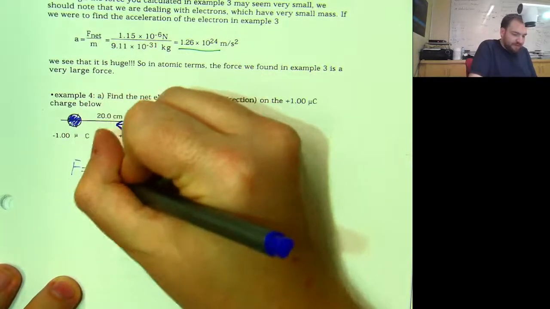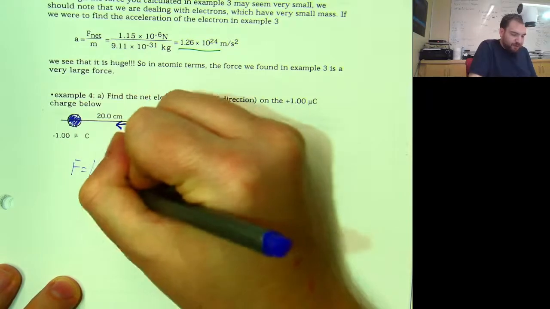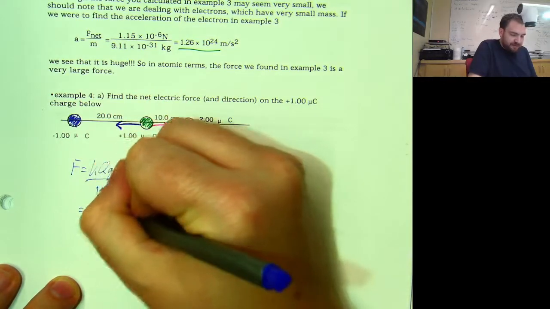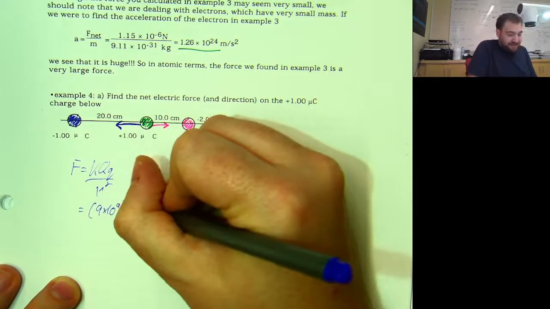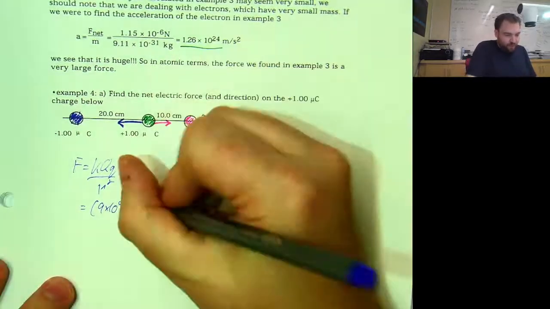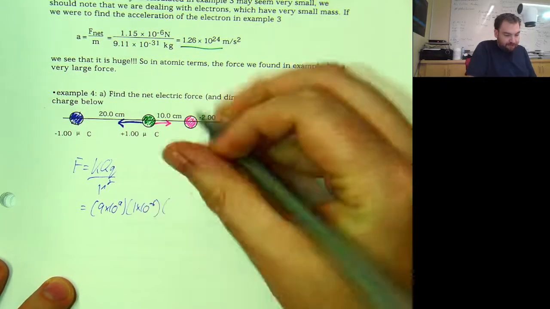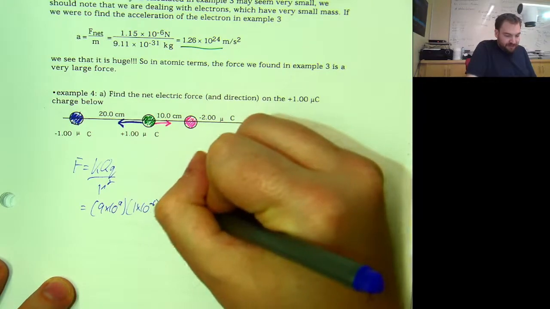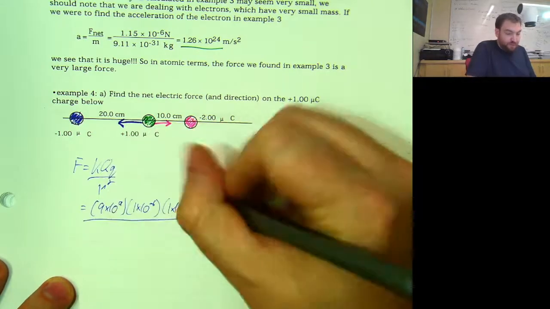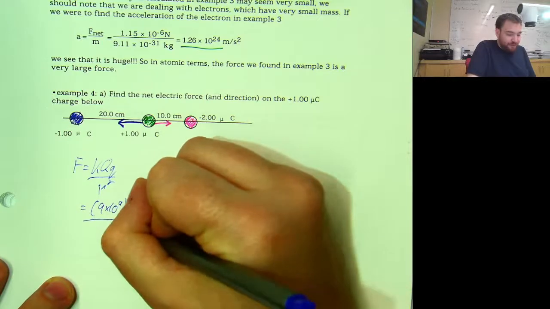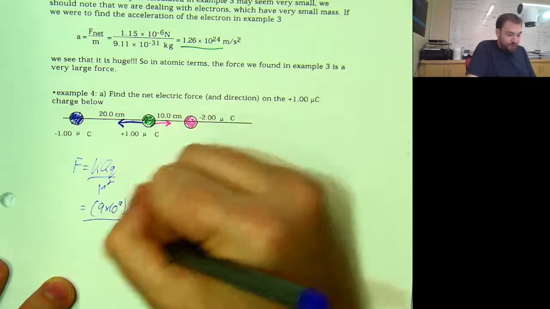F equals KQQ over R squared. So that's going to be 9 times 10 to the 9. And these numbers are nice and easy. It's 1 times 10 to the negative 6 coulombs, 1 times 10 to the negative 6 coulombs, over 20 centimeters, which is 0.2 meters. And we're going to square that.